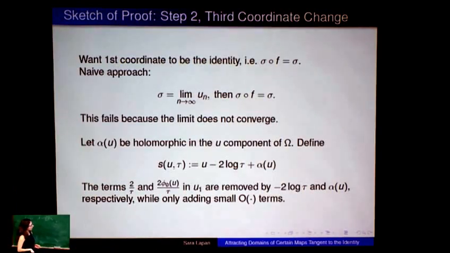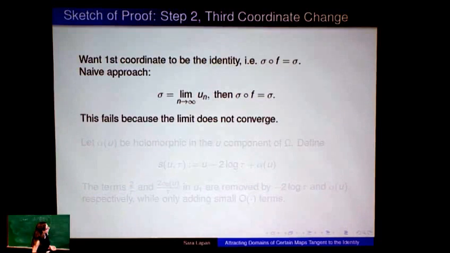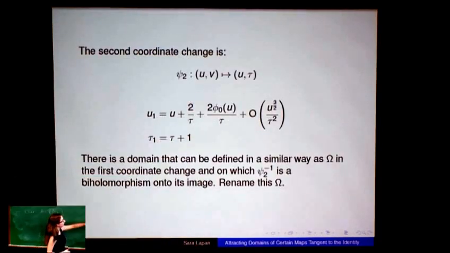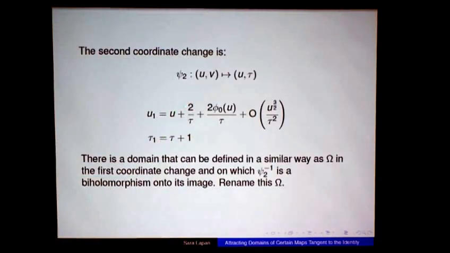So let alpha of u be holomorphic in the u component of omega, and we'll choose it appropriately. And define s of u, tau to equal u minus 2 log tau plus alpha of u. So let's go back to u. So in u1 we had this 2 over tau and the 2 phi naught of u over tau terms.